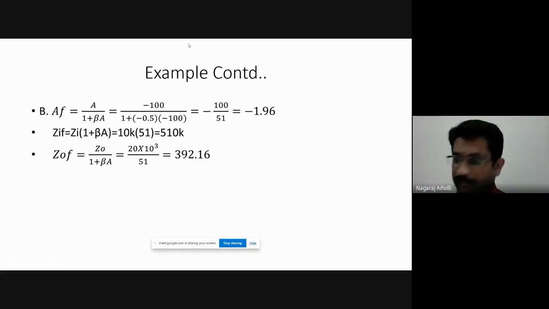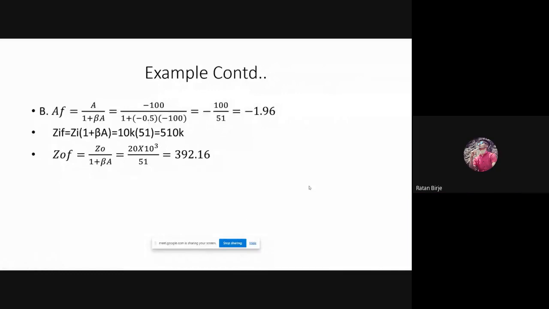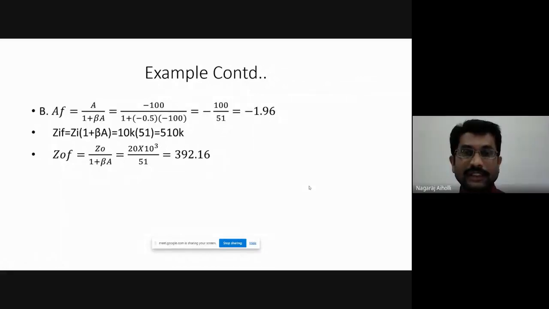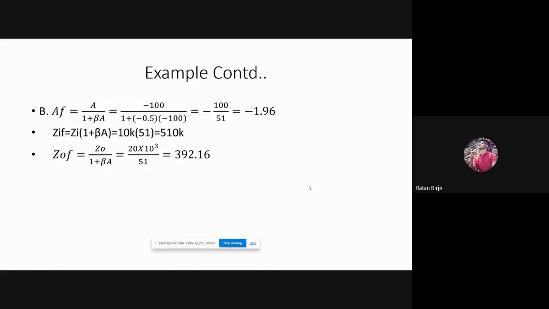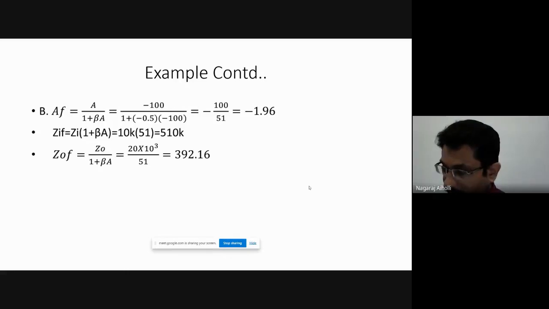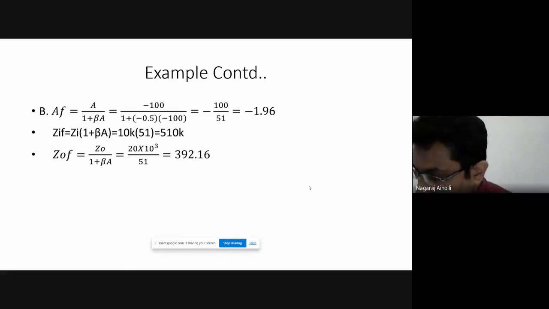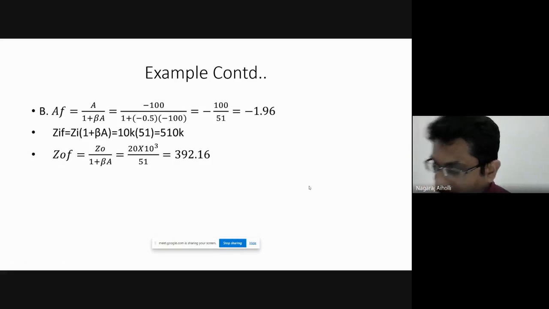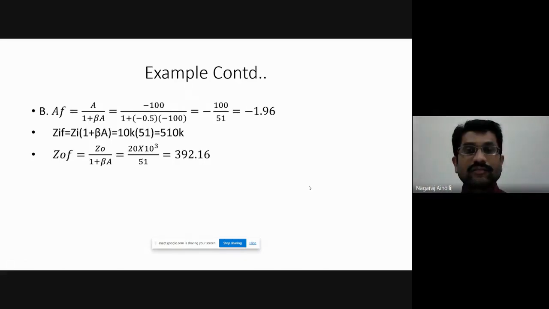Ratan, solve the example. Ratan, Birje. Yes, sir. Ratan, getting these values, answers? Yes, sir. Okay, fine. Sagar, getting the values, Sagar?